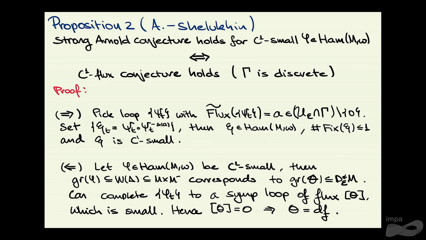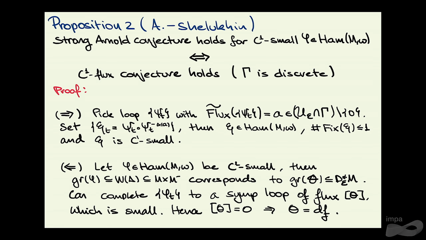Now, conversely, if phi is C1 small, then its graph is going to lie in a Weinstein neighborhood of M cross M, and it's going to correspond to a graph of a closed one form, which a priori we don't know if that graph is exact. Oh, sorry, if that one form is exact.